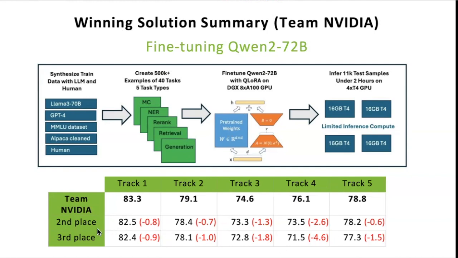This is also the score for second and third place. For some tracks, for example track 4, the multilingual track, they show a significant improvement over the other submissions. So this is a high-level framework of how they built the winning solution.